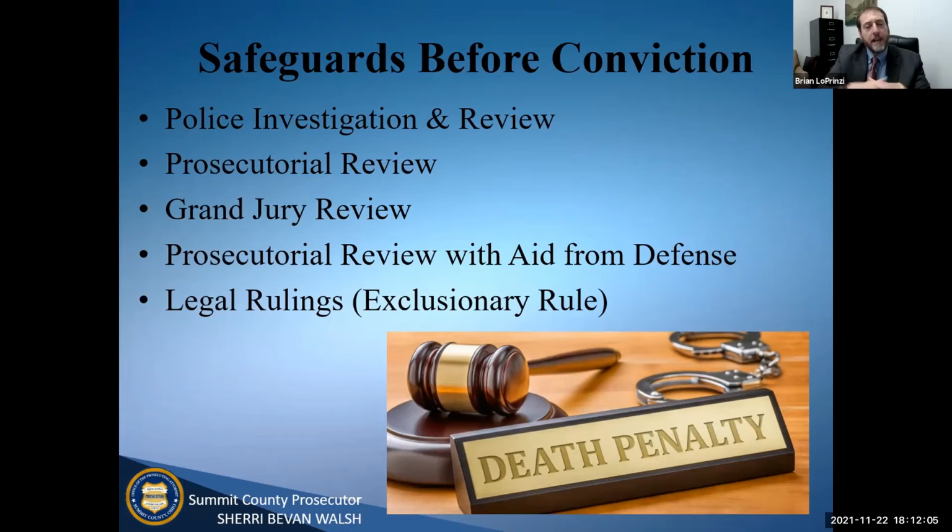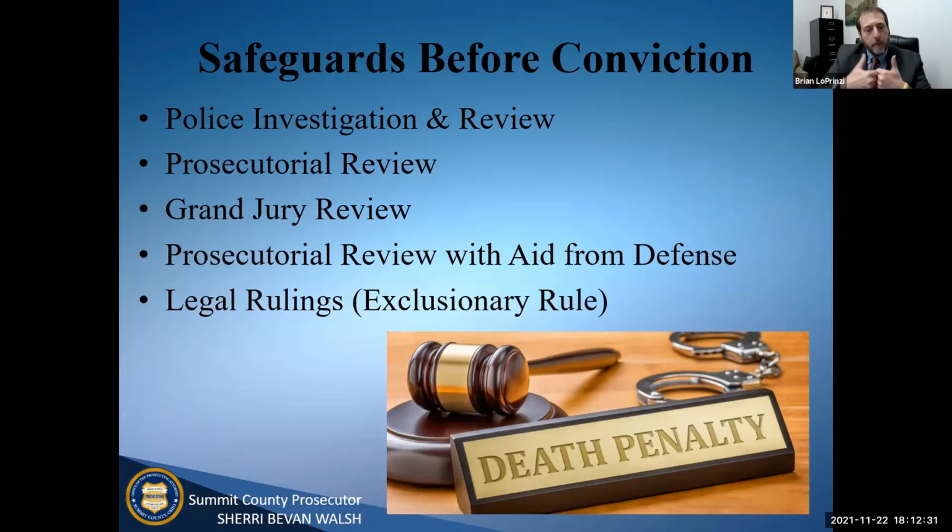Okay. So they are usually the first people to decide whether a case is something that should warrant a death sentence. After that arrest is made, they send that case to the prosecutor's office, and then we will review it.